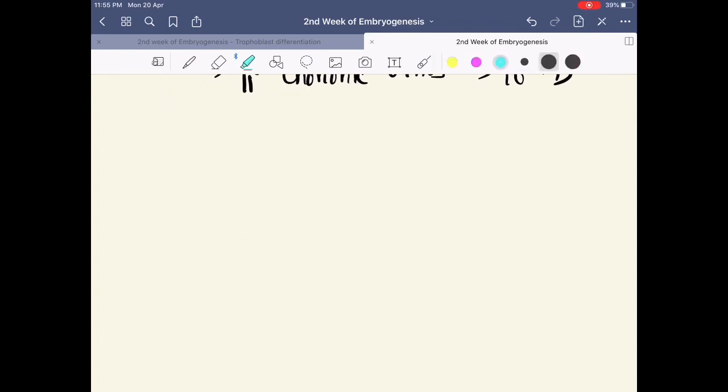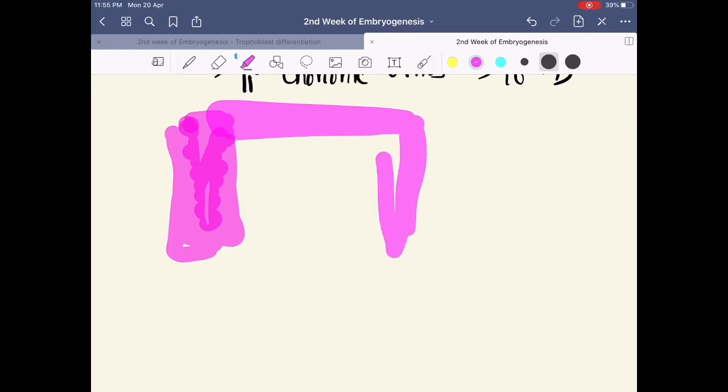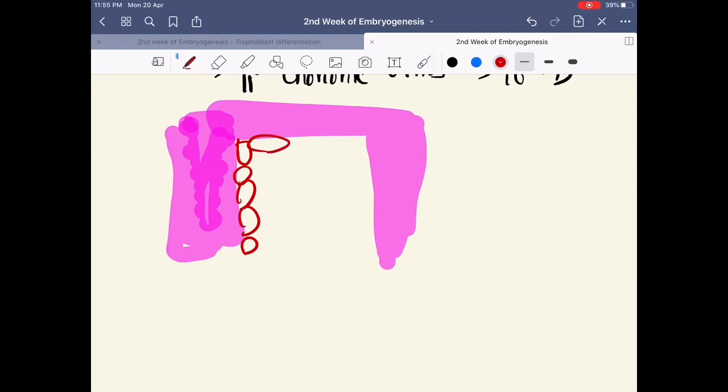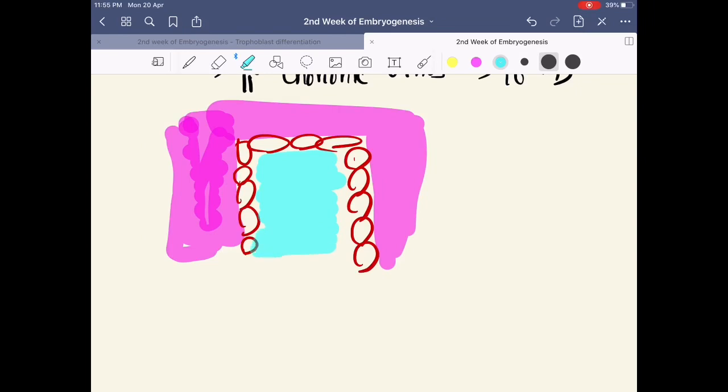Next, what happens? This is your syncytiotrophoblast. I'm just going to draw one single portion of this. This was your syncytiotrophoblast, and you have the cytotrophoblast inside. Clear? And then you have your extra embryonic mesoderm.